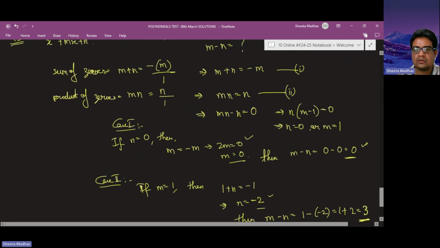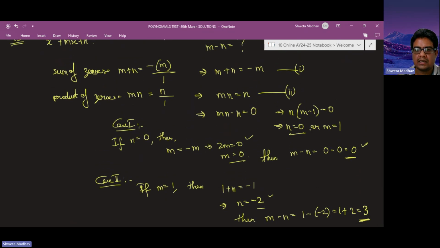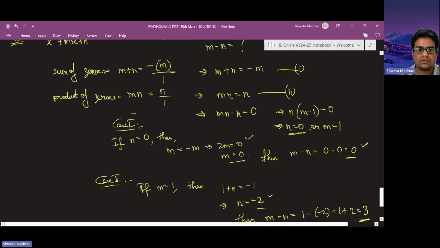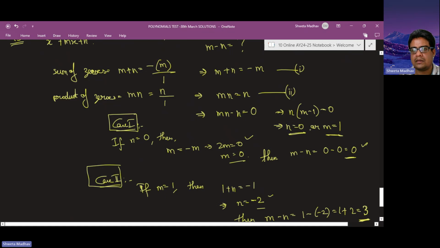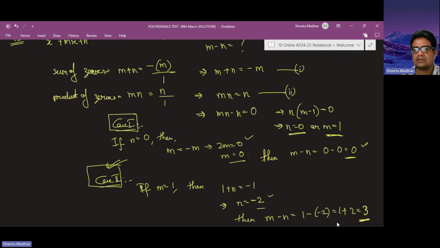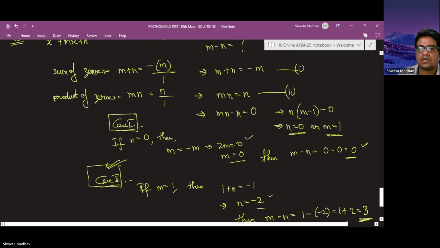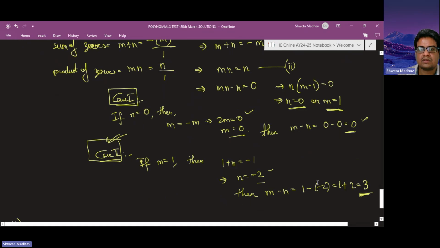If you don't include n equal to 0, n equal to 0 also is one of the cases which we obtain here. But if we don't include it, and if we cancel out this n, then also we will get only n is equal to 1, which is case 2. Then we will get the answer as 3 only, and then also we will get full marks.